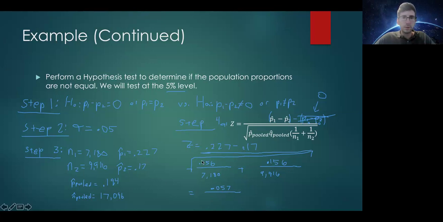I get a very small number, right? 0.0000, 1, 2, 3, 4 zeros, then 2, 2 about.